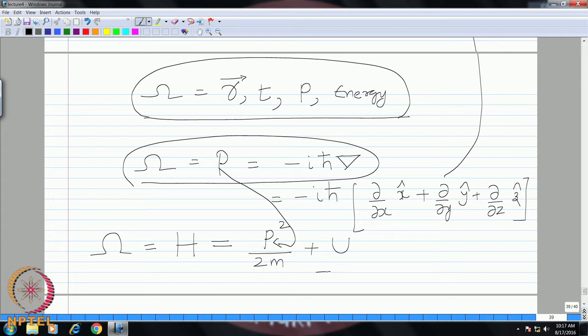So, therefore, the Hamiltonian H will be, so you have minus i h bar del, the whole square. So, what do you have? Minus i into minus i, minus 1, okay. Minus of modified Planck's constant square into, so this becomes the Laplacian divided by 2m.